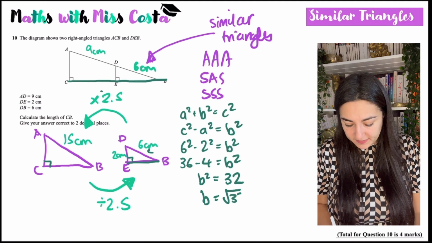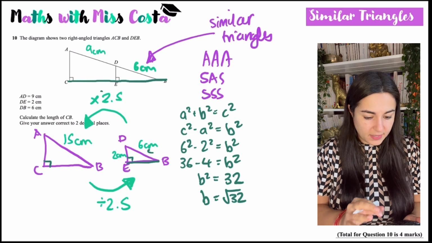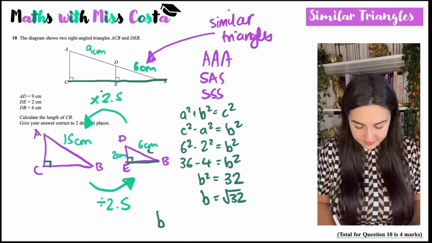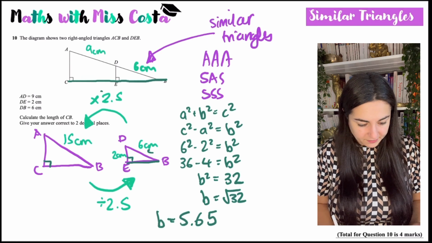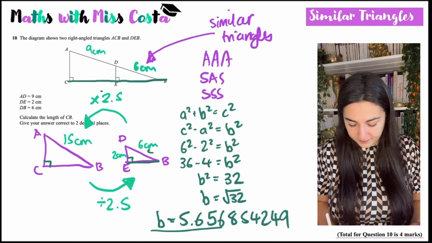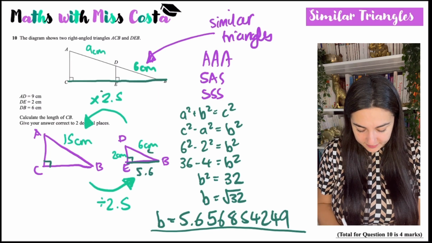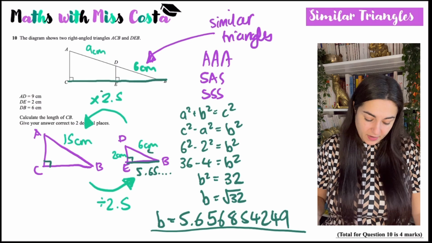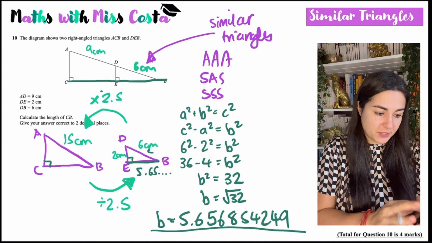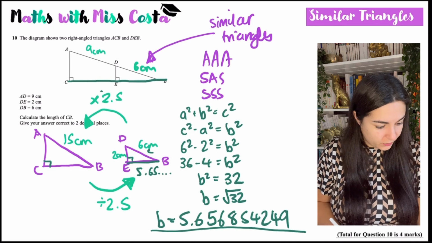So 36, take 4 is b squared, so b squared is 32. So b must be the square root of 32. So let's do the square root of 32, which is 5.65654249. Okay, that's the length of B. Now I know that's 5.65 and so on. I know to get to the larger shape I need to increase it by a scale factor of 2.5, so I just multiply that by 2.5 and that gives me 14.